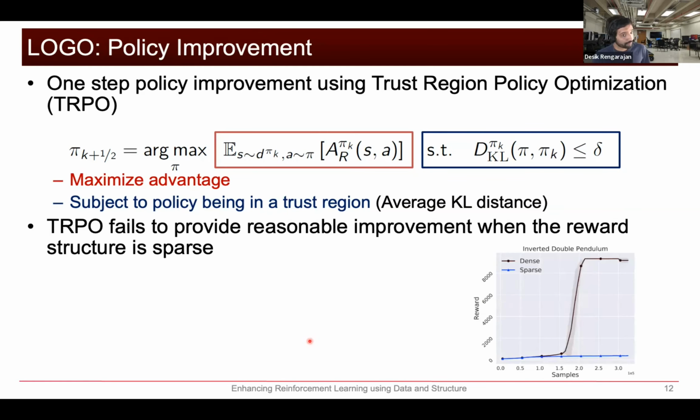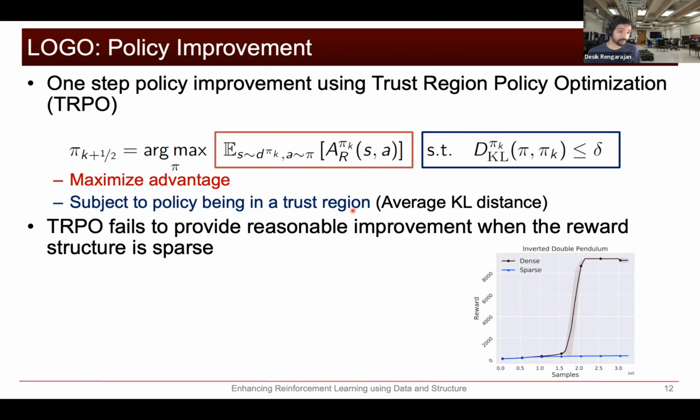Doing only this will fail in sparse reward environments because TRPO fails to provide any reasonable improvement because of the sparse reward structure. In order to compute this advantage of pi k, you use rewards sampled from the environment, and if those rewards are sparse, this will essentially be zero.